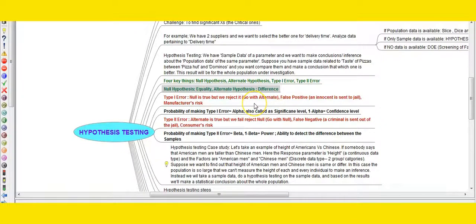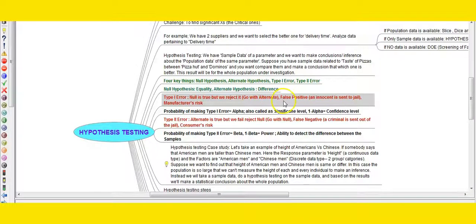Now we come to errors. There are two types of error in any hypothesis testing, type 1 error and type 2 error. Type 1 error is an error which happens when the null hypothesis is true but we reject it and we go with the alternate hypothesis.